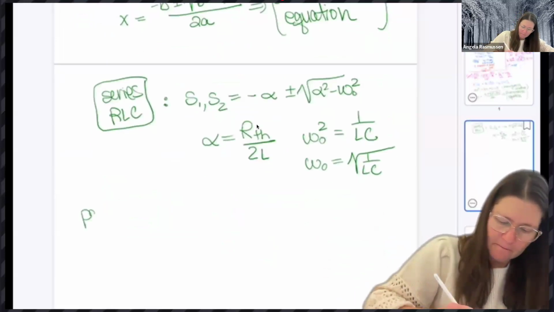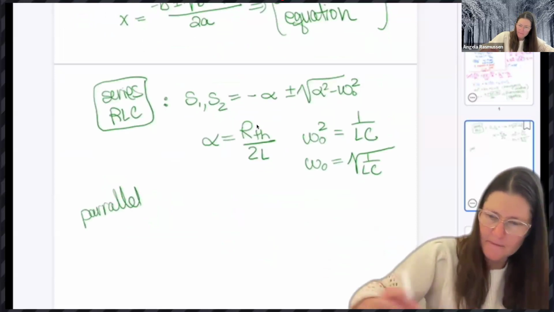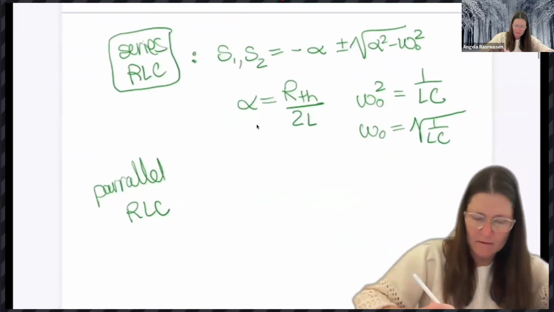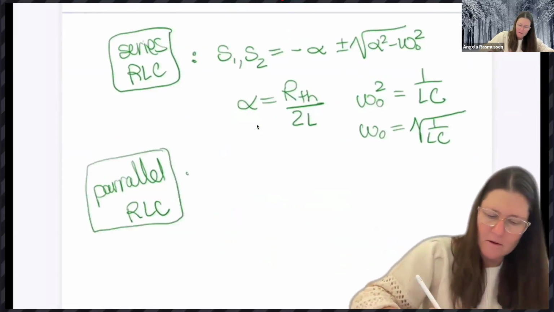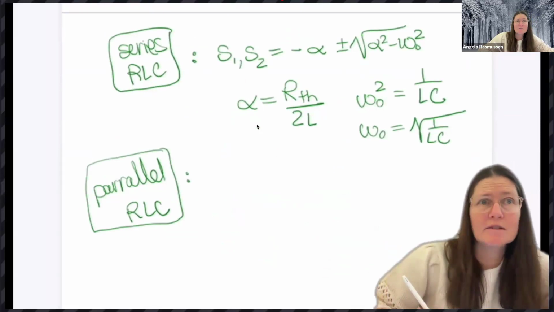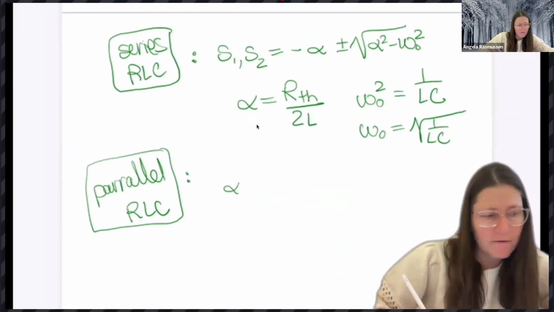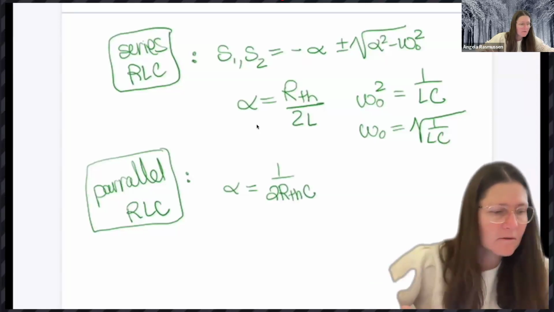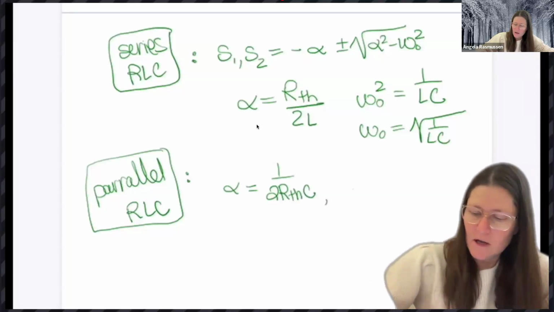Parallel is going to be the same roots, S1 and S2, except alpha in this case will be 1 over 2 RTH C, and omega naught will be the same.